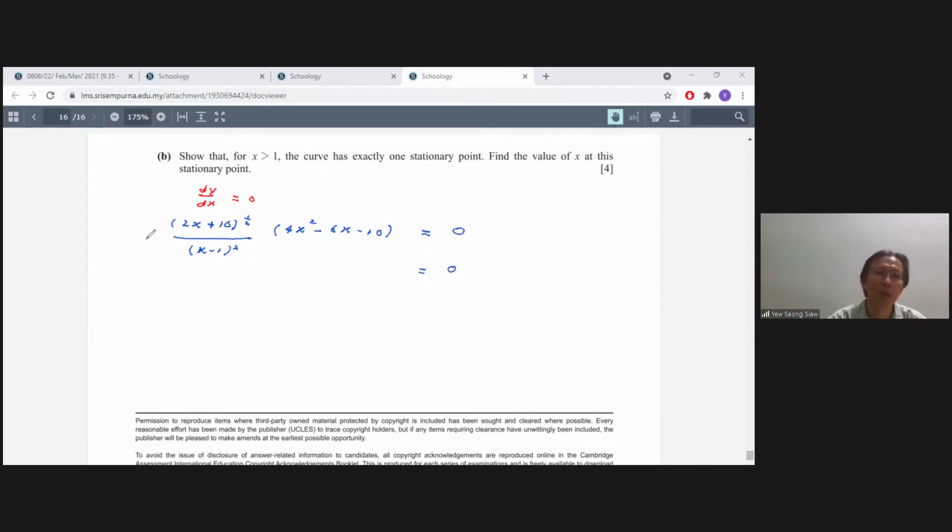When you bring the bottom over, anything times 0 still becomes 0. So here you left 2x squared plus 10, and 4x squared minus 6x minus 10.